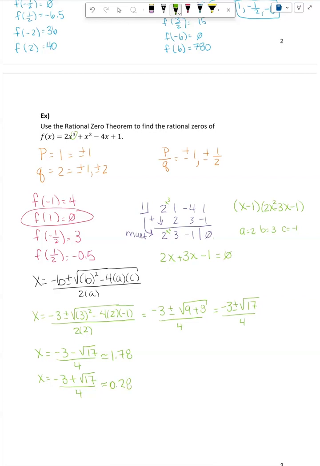So we have our x's. You guys cut me some slack there please. I think it was -1.78, yeah, -1.78, sorry, because of that negative there. So if we did a set, it would be -1.78, 0.28, and 1.